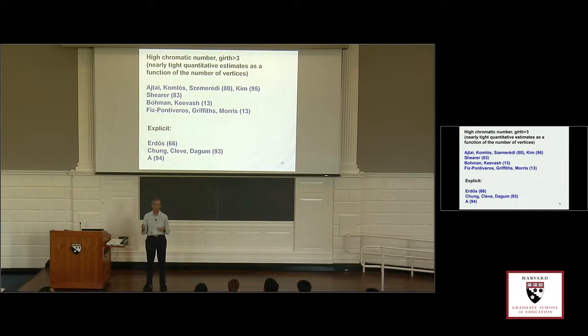Now for big chromatic number and triangle free, so just girth bigger than 3, people looked quite seriously at quantitative estimates. So we want to ask how large can the chromatic number be as a function of the number of vertices, if we don't have triangles, and basically up to a constant factor. This was solved by Ajtai, Komlós and Szemerédi and by Jeong Han Kim, and the constant factors have been improved several times after that.